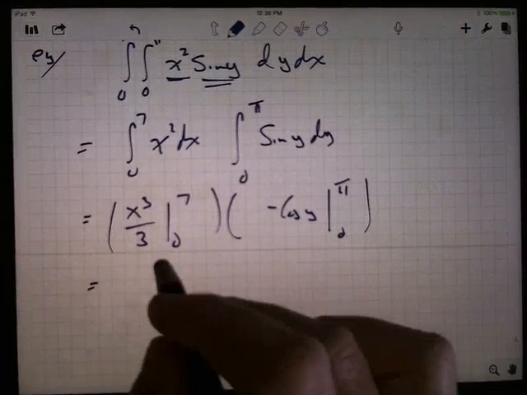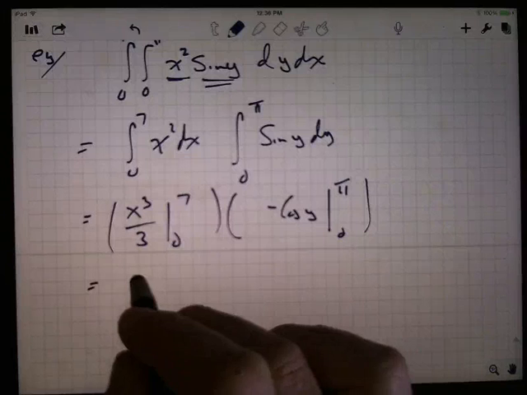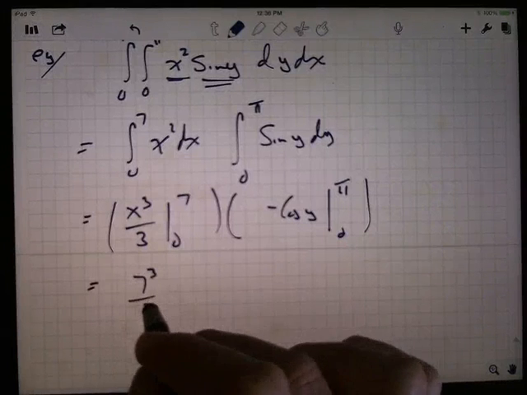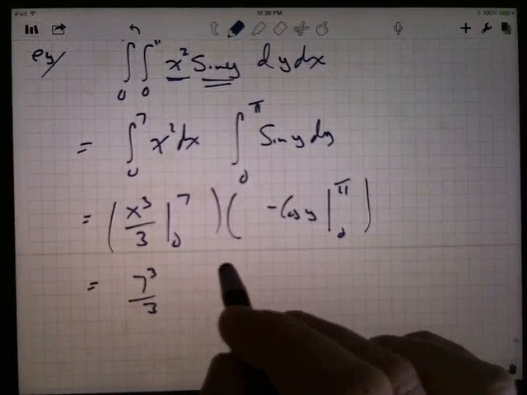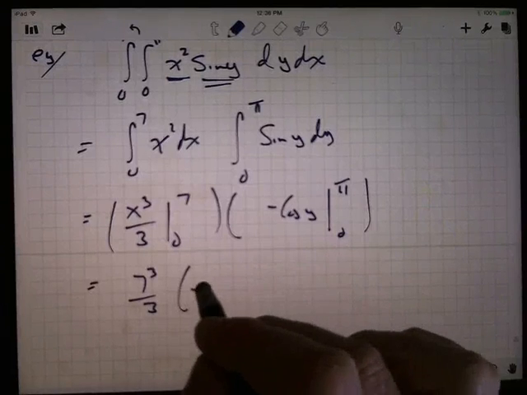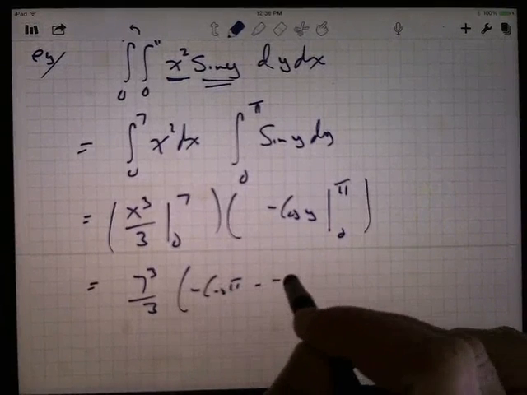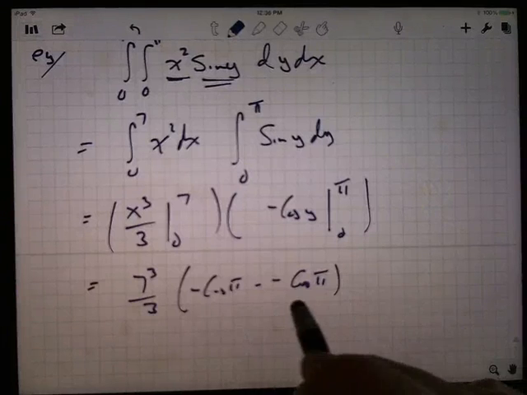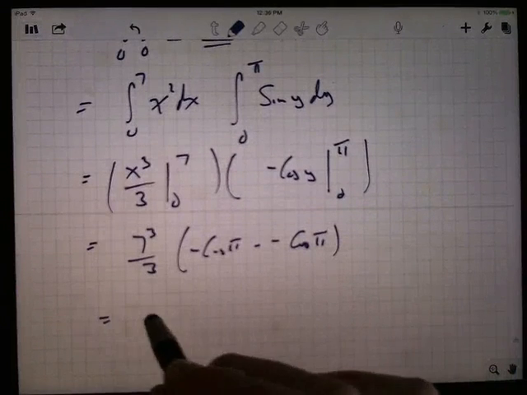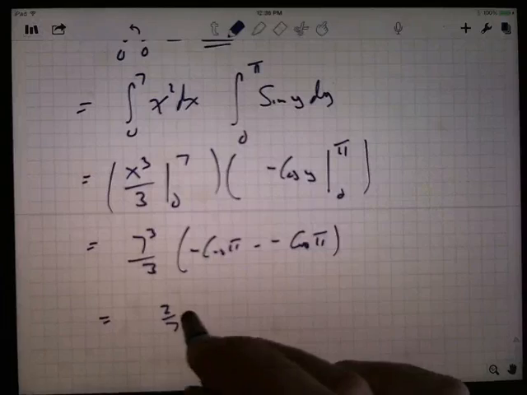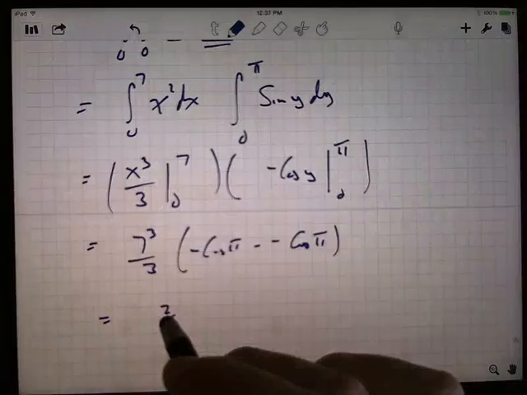So whatever this is, this is 7 cubed over 3 minus 0 times negative cosine pi minus cosine 0. I think that's 2. All right, so I've got 2/3 times 7 cubed, whatever that is.